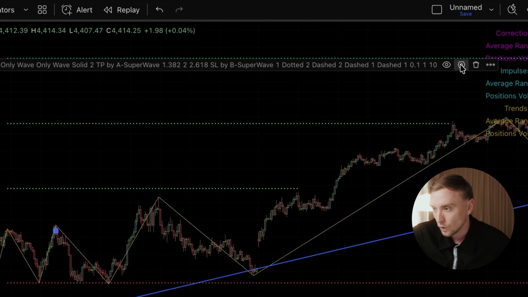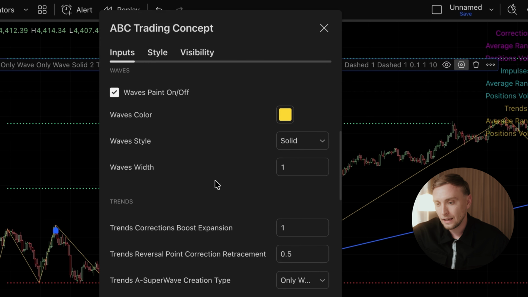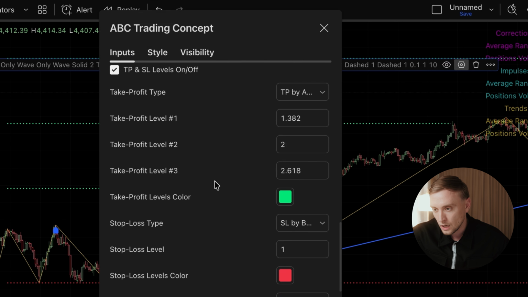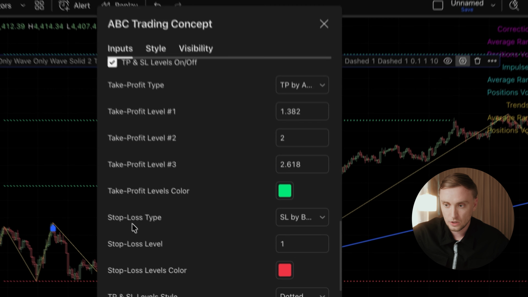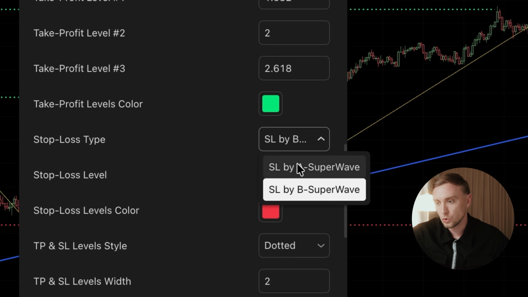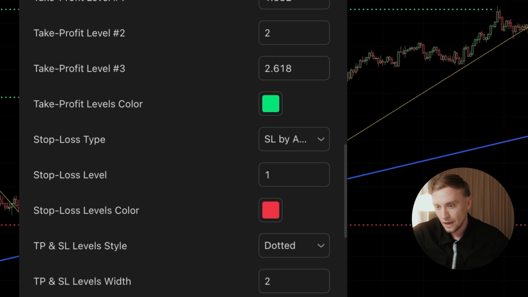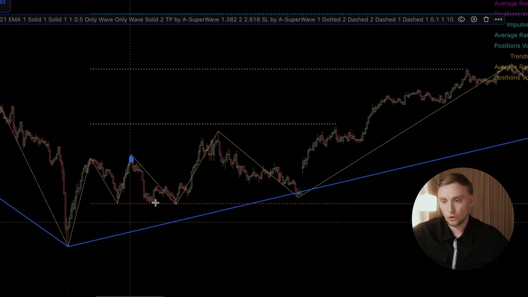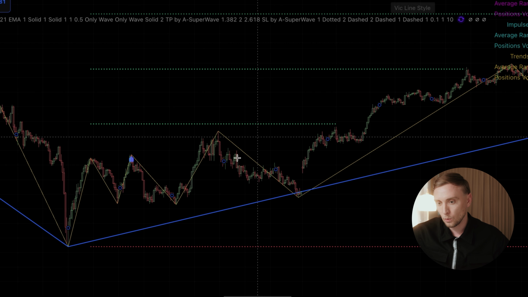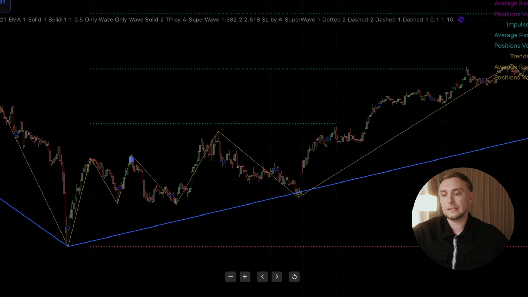We go to our settings, and then we can change something. For example, here, see, stop loss type, and we choose stop loss by A, and it changes the placement of our stop loss. Look, you see the stop loss at a different level.